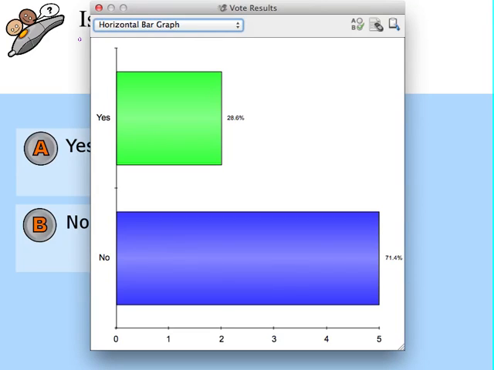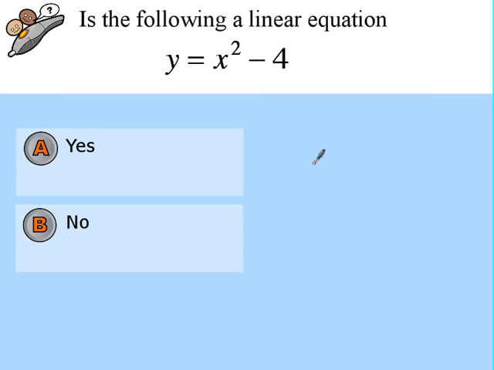The answer is yes or no. Ooh. You know what? That is not a linear equation. That's actually coded wrong. Okay, why is it not a linear equation? Because that's got a power 2. It's squared. Can't have that, remember? So that is not a linear equation.